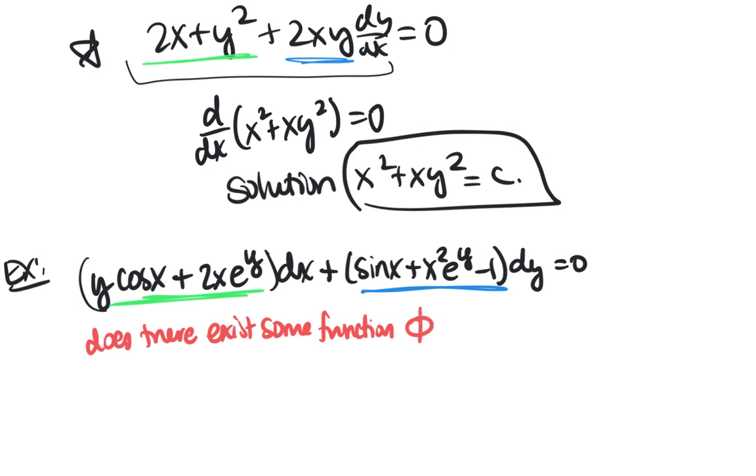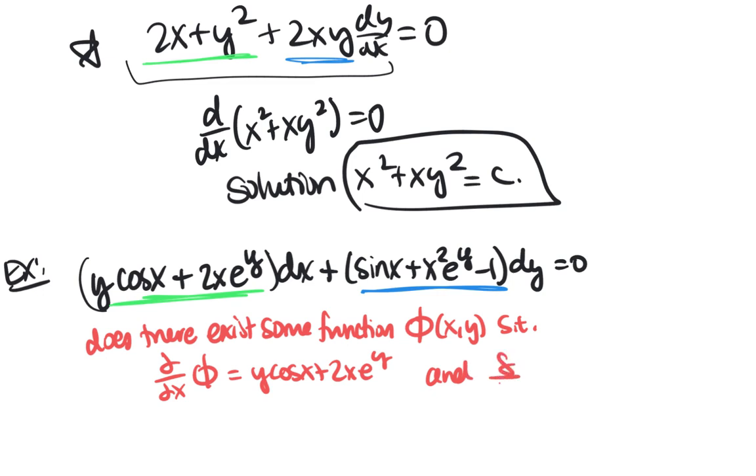and maybe we'll call it phi of x,y, such that the partial derivative with respect to x of phi is equal to y cosine x plus 2x e to the y, and the partial derivative with respect to y of phi is equal to sine x plus x squared e to the y minus 1.